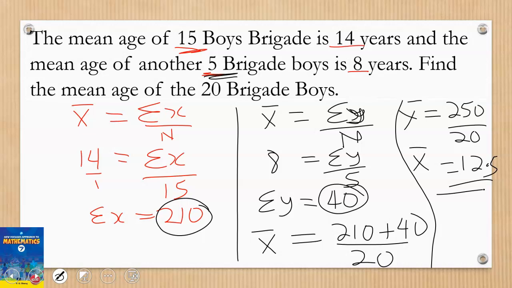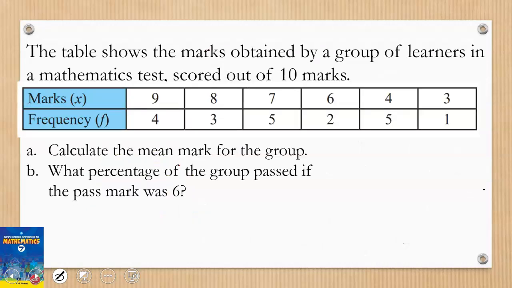Good. So let's take one additional question on frequency distribution. And this is where the problem normally comes in. Here, the question wants us to calculate the mean for the group and the percentage of the group that passed if the pass mark is 6. Right.